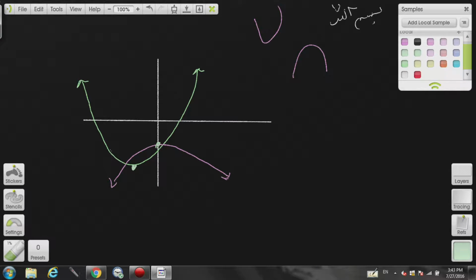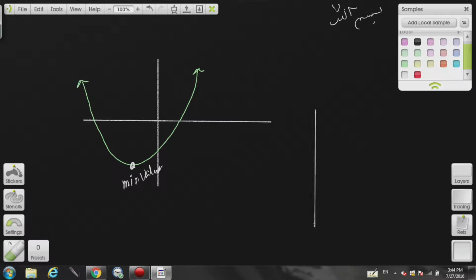Okay? So let me do this in separate graphs. The parabola that looks like a U, its vertex will be the minimum value, right?